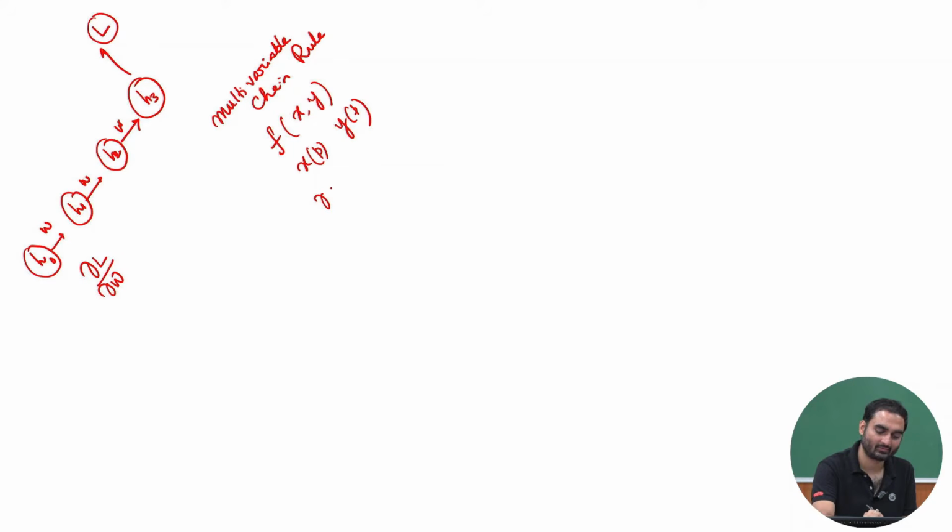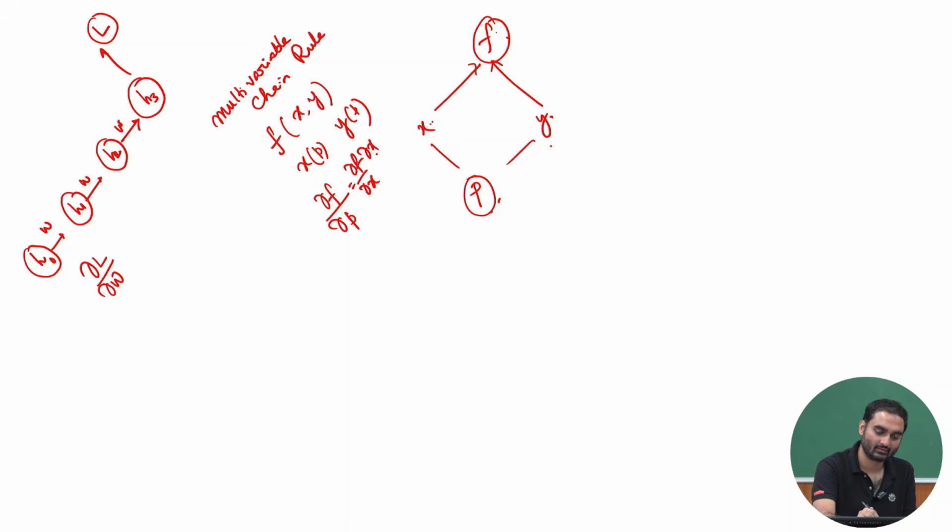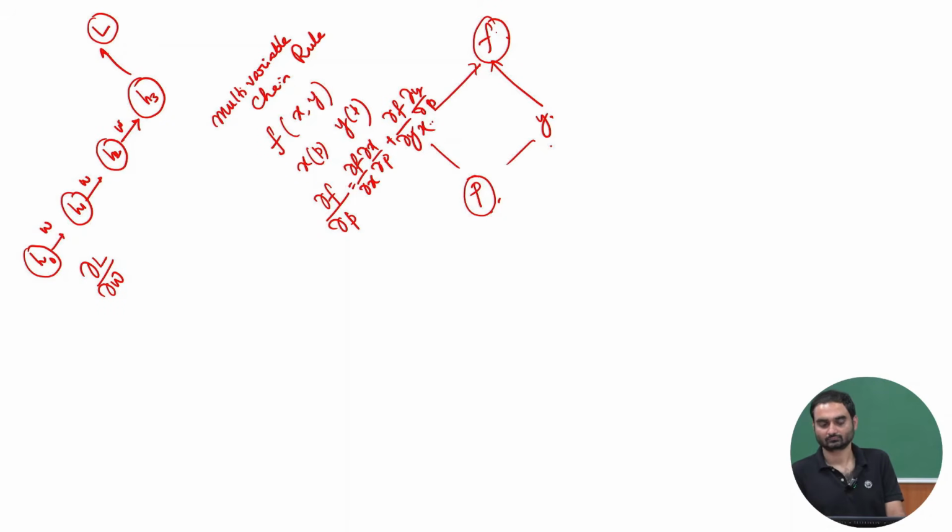If you want to take a derivative of f with respect to p, how do you do that? It is df/dx dx/dp plus df/dy dy/dp. This is the multivariable chain rule.